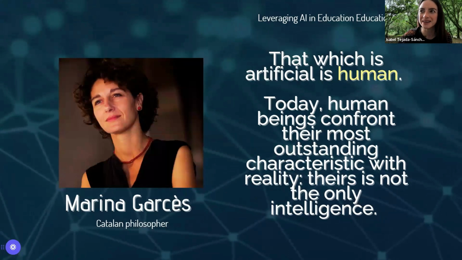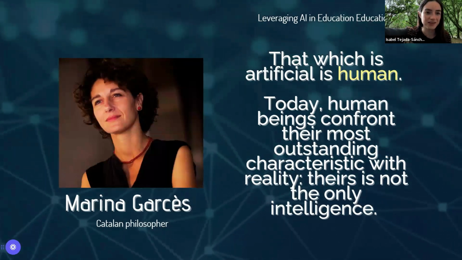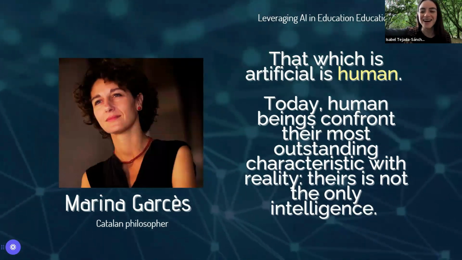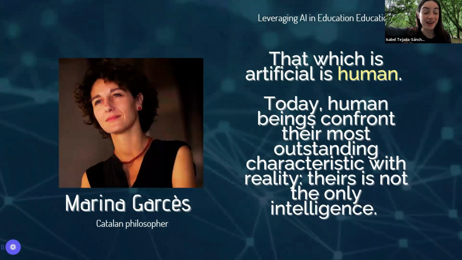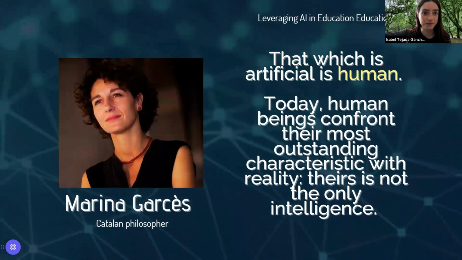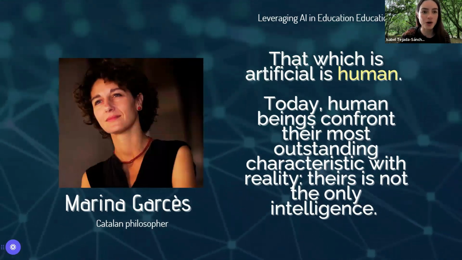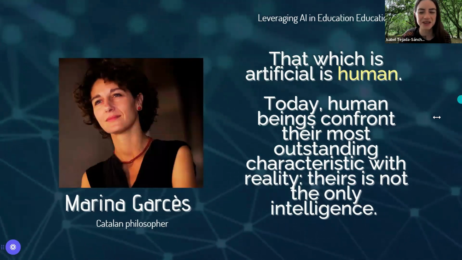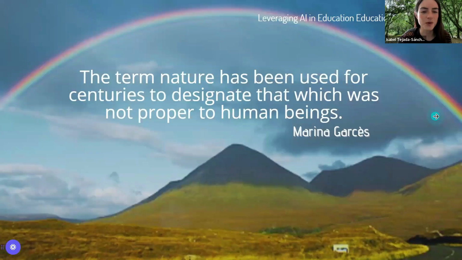So now we have to think what's going to happen with these entities that are developing and evolving at a pace that we are not able to keep up with. At the same time, it is us who are creating this. So this is a very key point as well.